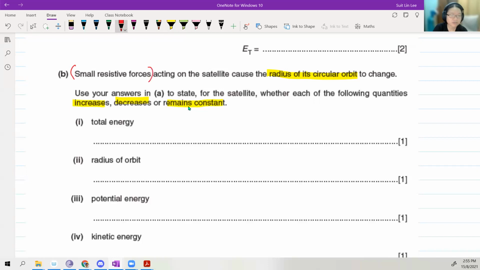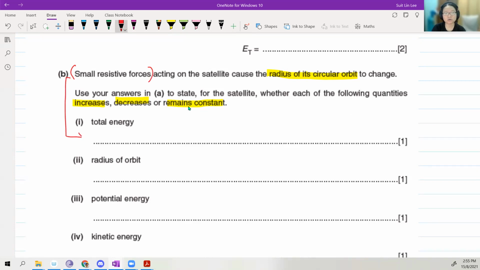Small resistive forces. Maybe it could be the friction inside the engine. Maybe there's some solar wind. I don't know. Something happened to resist the motion of the satellite. So what happens to the total energy when there's a resistive force? You think about this.